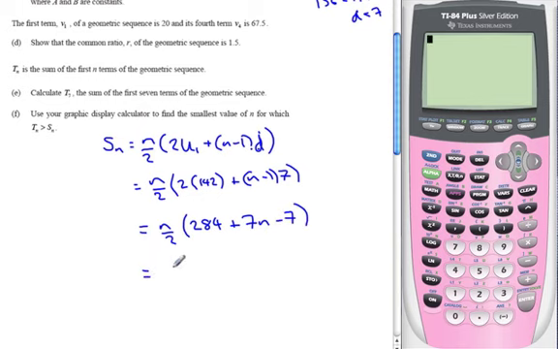Okay, so I've got, let's just save that till the end, n over 2, I've got 277, add 7n, and then multiply this out. Give it in the following form.